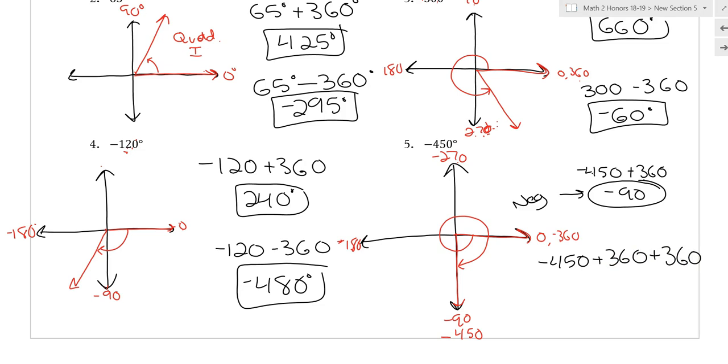So you can think of it as negative 450 plus 360. So I go around the circle once, then I have to go around the circle again. Or you could take this negative 90 and add 360. And when you add those up, you get 270 degrees. And that's a positive one. Okay, so when you are adding and subtracting, be careful that you actually get a positive or a negative angle if it's asking specifically for that.